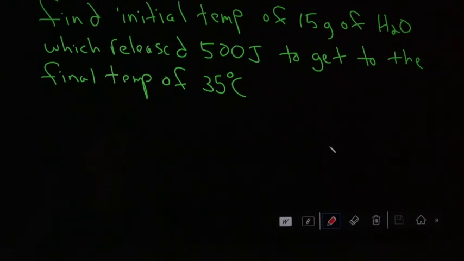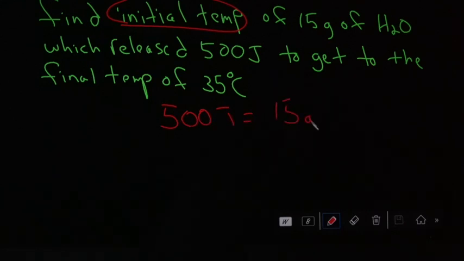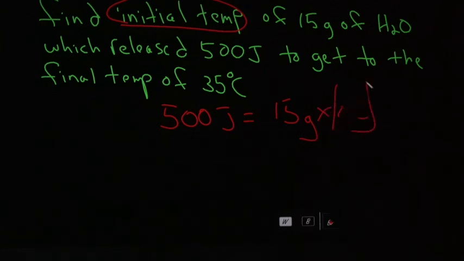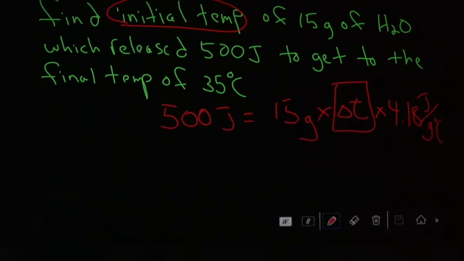If that's what they want, you got to solve for delta T. And that says initial temperature, so we have to solve for delta T. So, 500 joules equals 15 grams times delta T, that's what we have to look for, times 4.18 joules per gram degree C. So you have to multiply 15 times 4.18, and that's about 63.